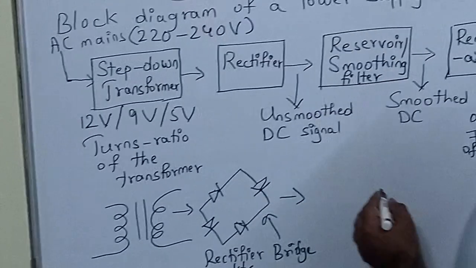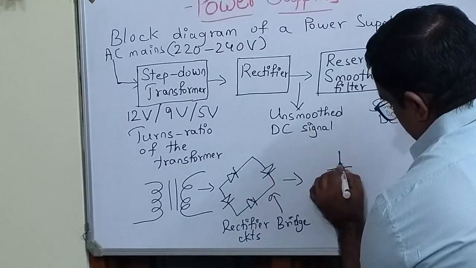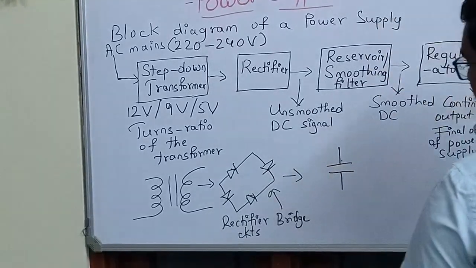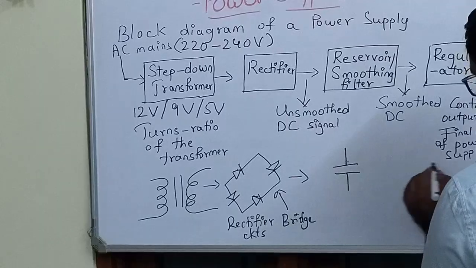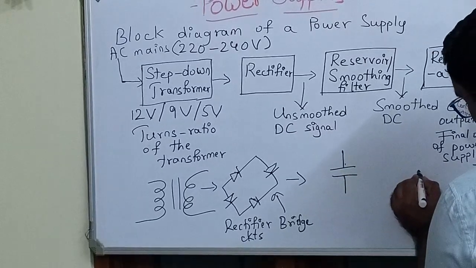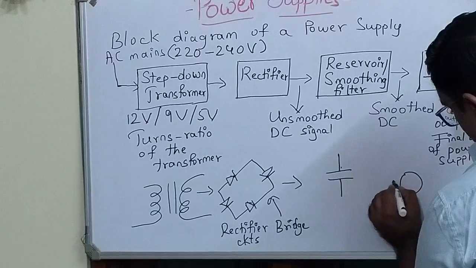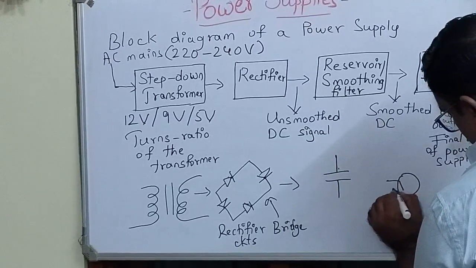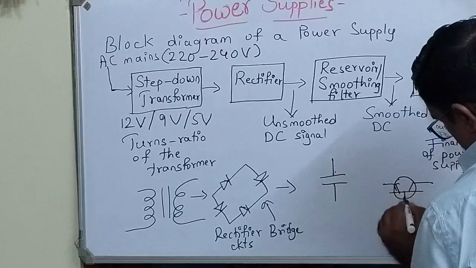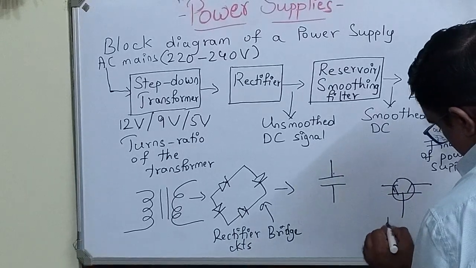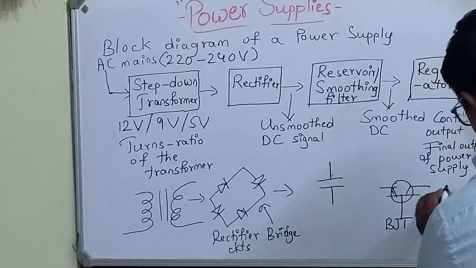And then here we have a capacitor which acts as the filter. Then we have the regulator, which has a BJT and a diode.